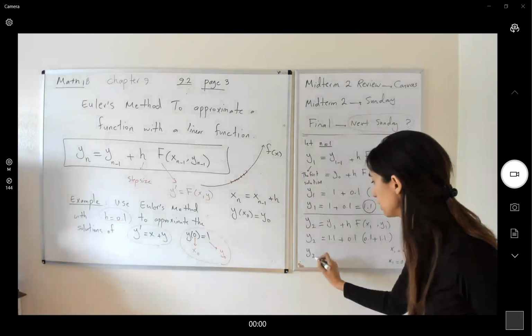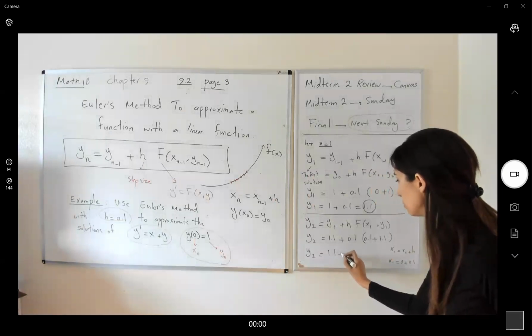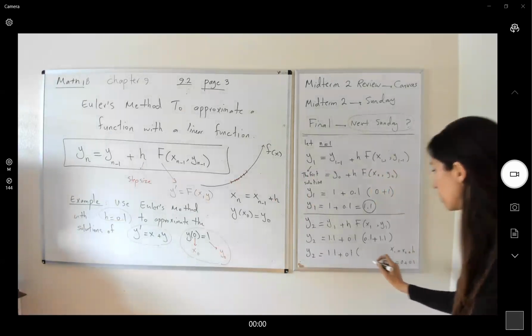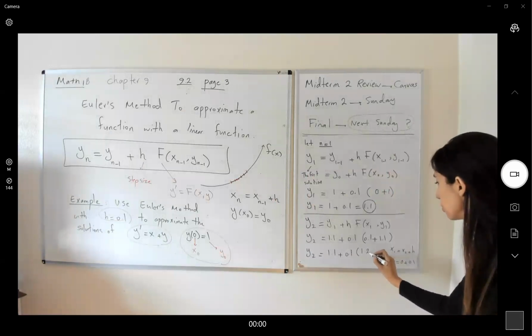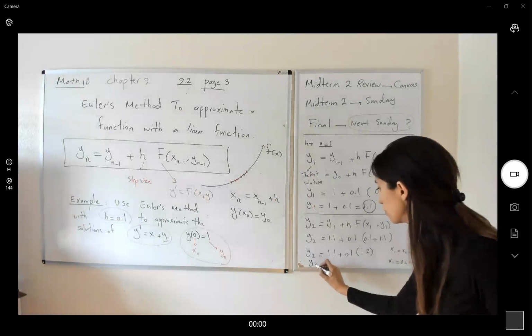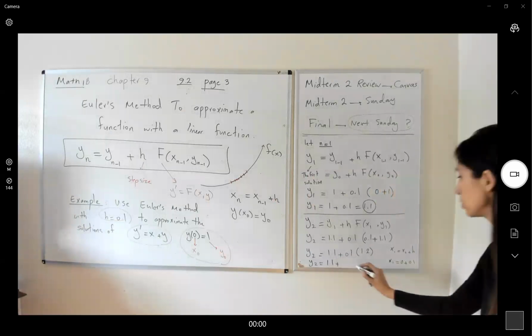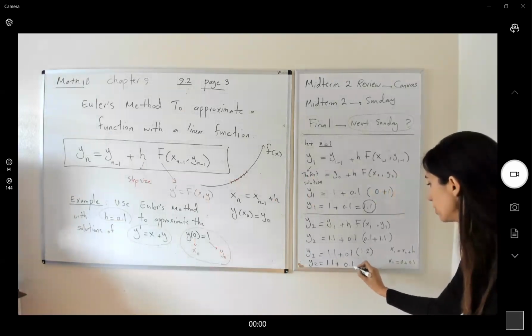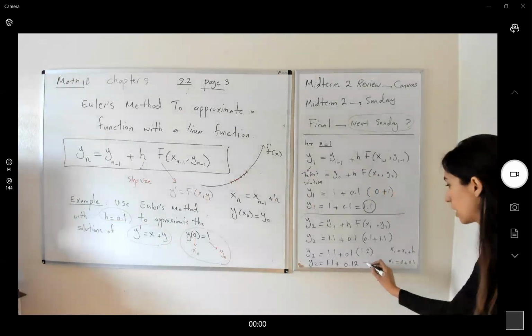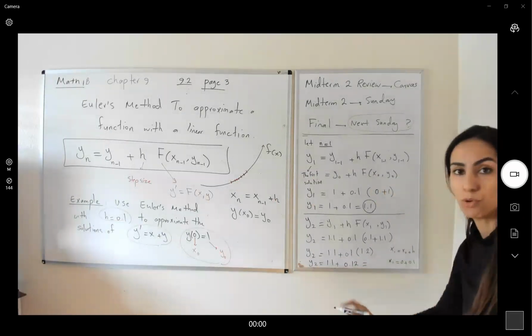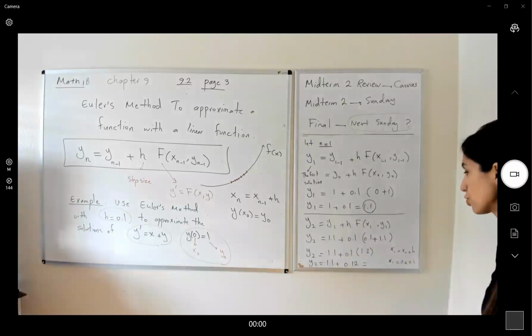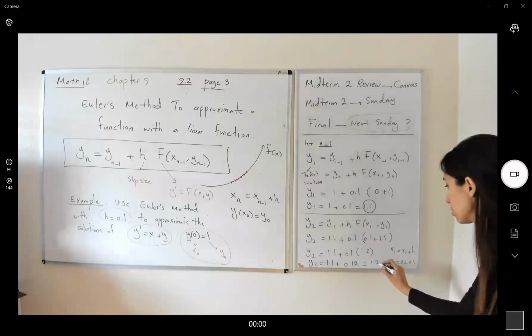Y sub 2 is 1.1 plus 0.1 parentheses 1.2. So y sub 2 is equal to 1.1 plus, if you multiply these two, you get 0.12. So if you add these together, y sub 2, or the approximation for the second solution, is equal to 1.22.